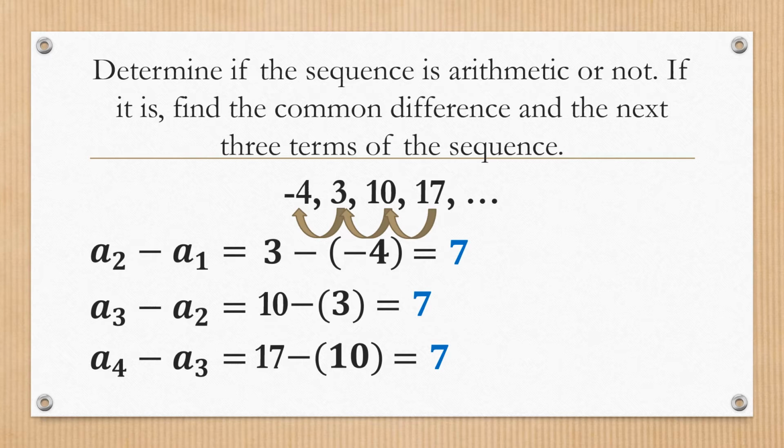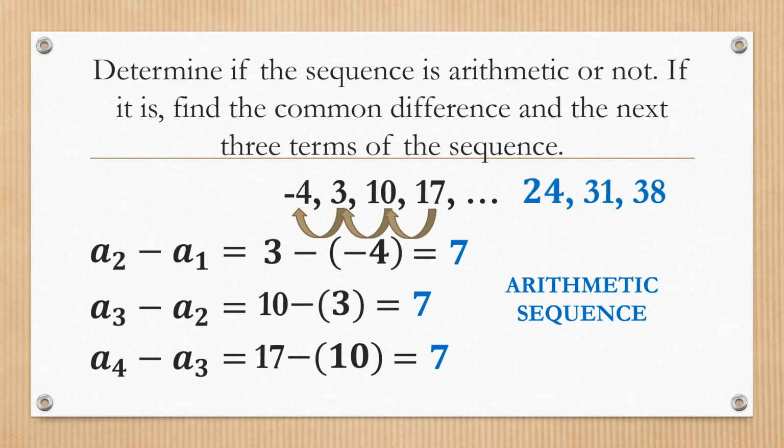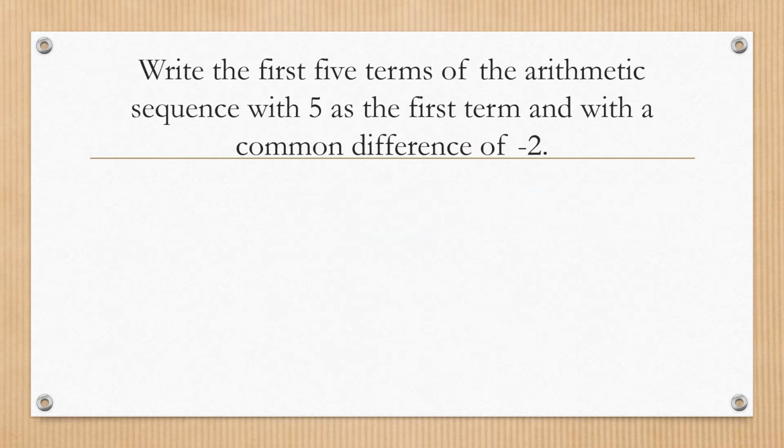Because there is a common difference between consecutive terms, the sequence is said to be an arithmetic sequence. Now, the next three terms are obtained by adding 7 to the preceding term, so the next three terms are 24, 31, 38.